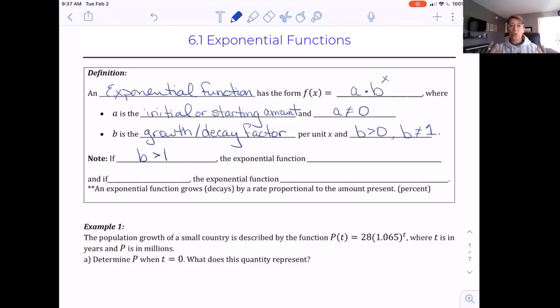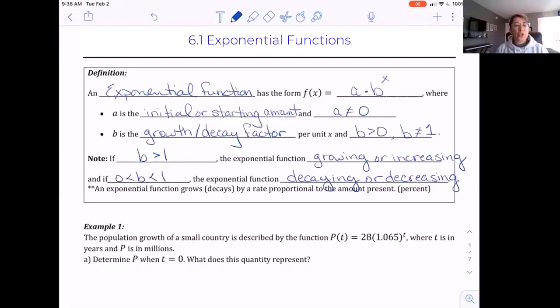So if it's larger than 1, then it's larger than 100%, so the exponential function is growing or increasing. If that factor is between 0 and 1, in other words, a fraction like 1/2 or 2/3 or 0.7, then it's decaying or decreasing.